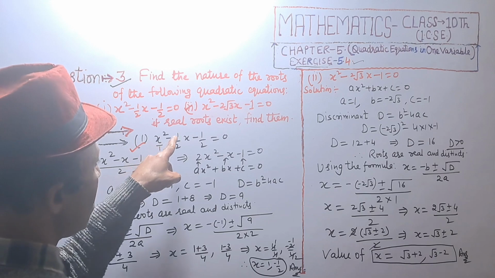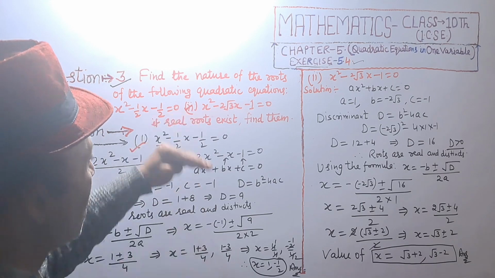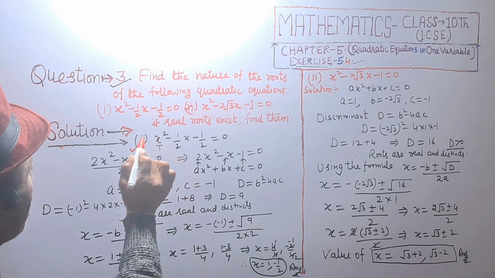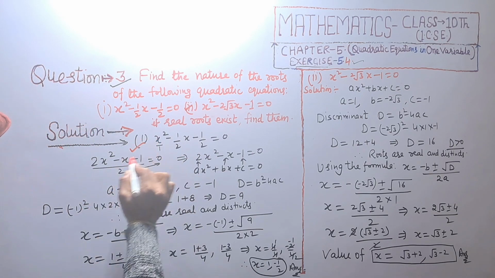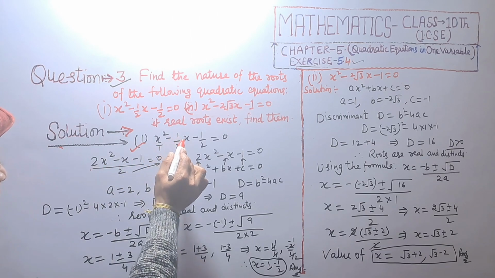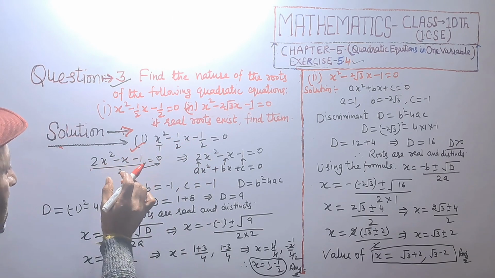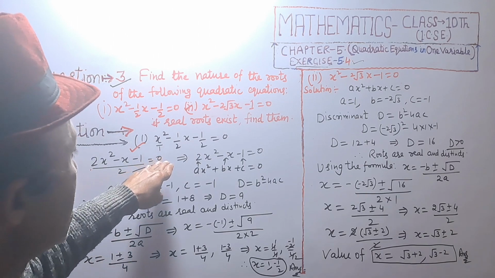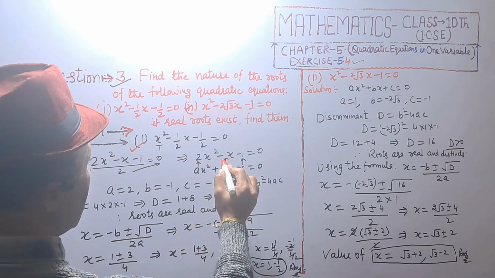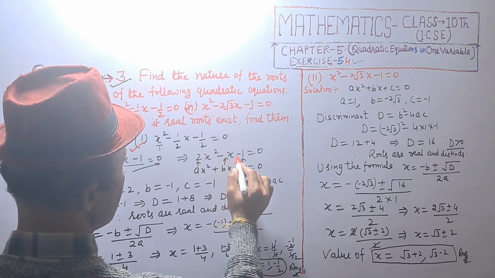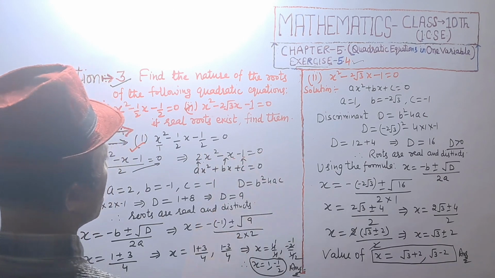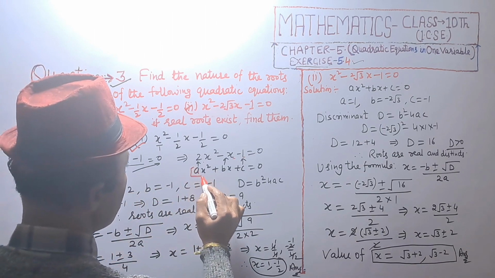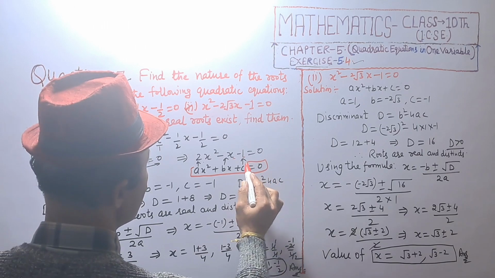First part, x^2 - 1/2 x - 1/2 = 0. LCM is 2, and 2 cross multiplying x^2, that is 2x^2 - x - 1, LCM is 2, equal to 0. And 2 multiplied by 0 will be 0, and the quadratic equation is 2x^2 - x - 1 = 0. We are comparing this quadratic equation with ax^2 + bx + c = 0.